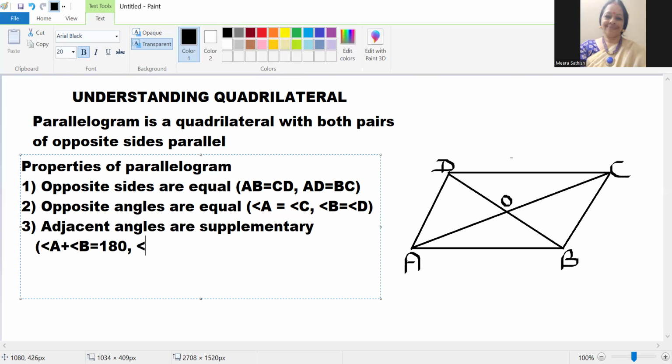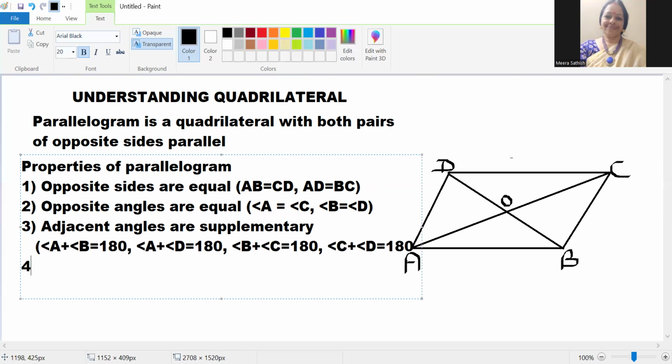Then angle A plus angle D equal to 180. Then angle B plus angle C equal to 180. Then angle C plus angle D also equal to 180.